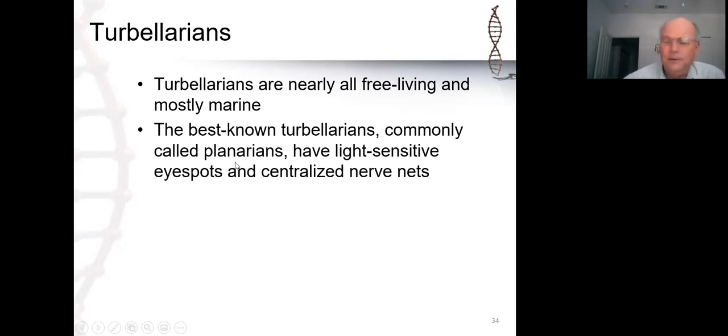In fact, in Great Britain, there is an issue with a turbellarian that was accidentally introduced into the country from New Zealand, and it is a predator that preys on earthworms. And it is in the process of migrating from Scotland, where it was first introduced, probably on potted plants, down through northern England.